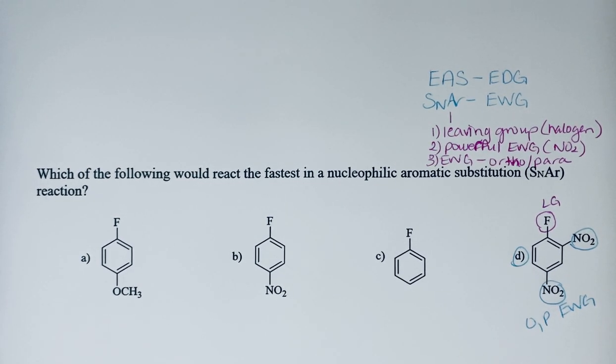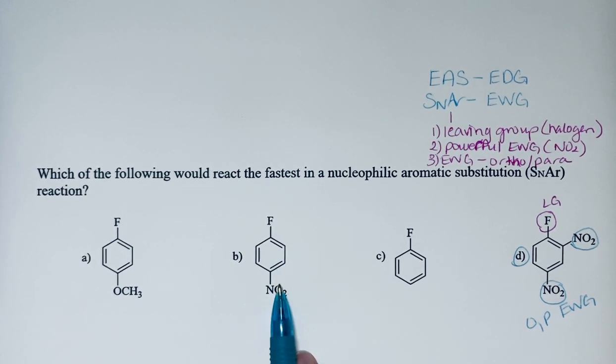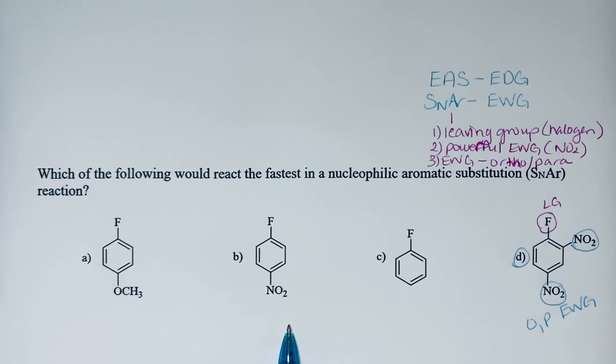Okay, but let's take a look at the reaction mechanism for an SNAr reaction so we can get an idea of why we have these requirements. So I am going to draw a mechanism. The only other good substrate for an SNAr would be B. This would also work. You've got a para-nitro group. So I think I'll draw the mechanism with B for simplicity.